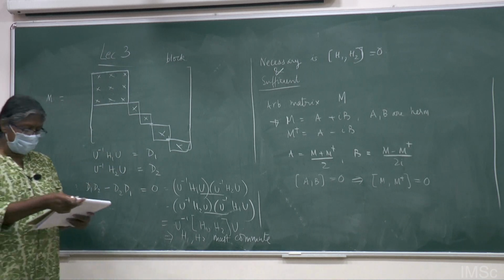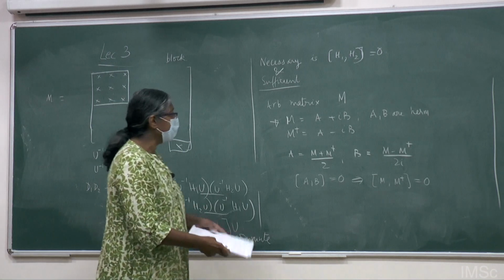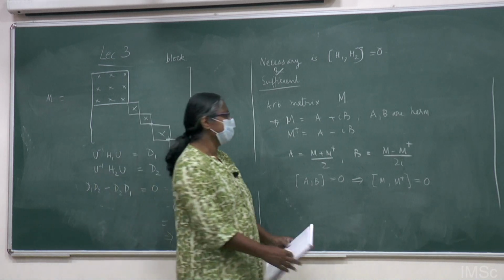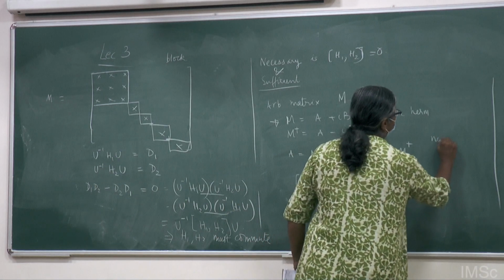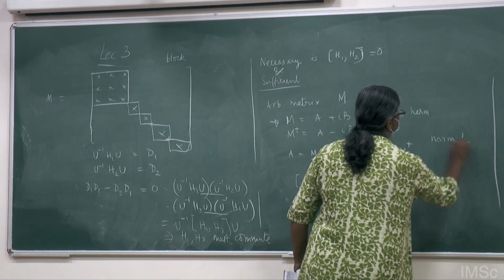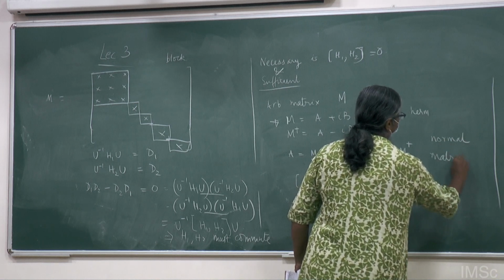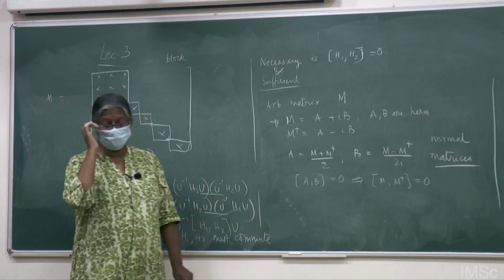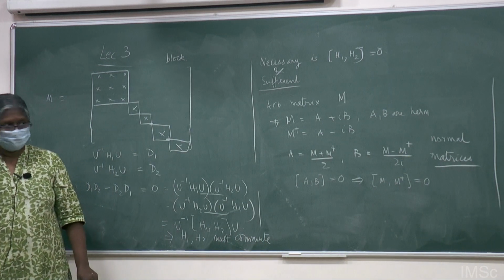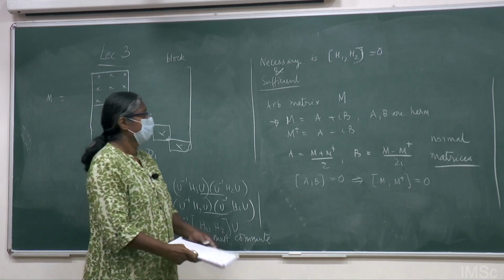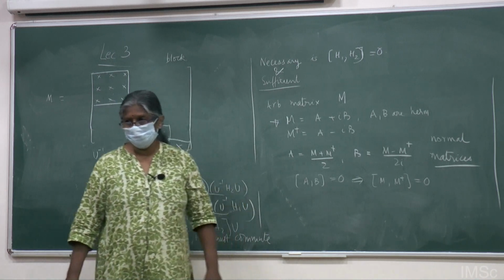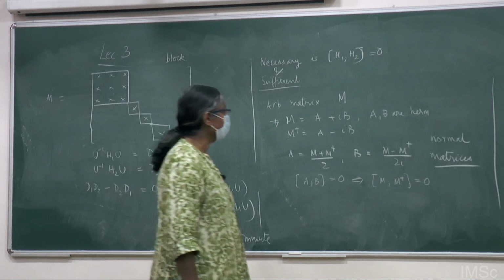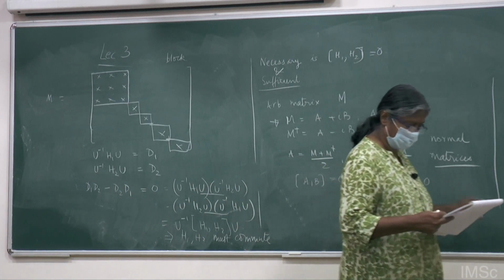So if M and M dagger commute, then I can always diagonalize M through a unitary transformation, and such matrices are called normal matrices. That's just the nomenclature.